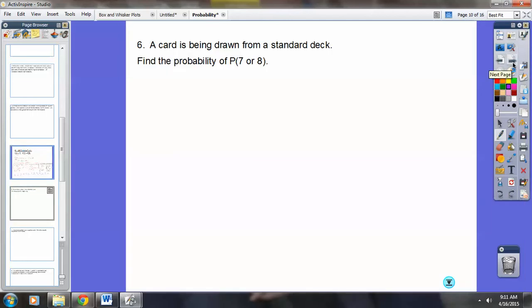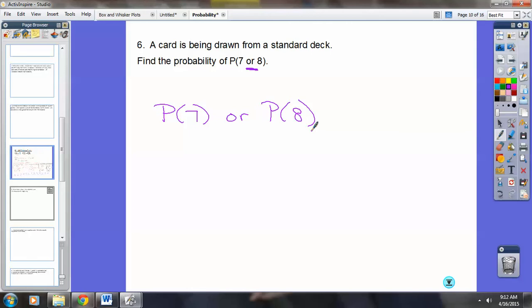So let's look at our first example. It says a card is being drawn from a standard deck. Find the probability of selecting a 7 or an 8. That keyword there is "or." Find the probability of drawing a 7 or the probability of drawing an 8.